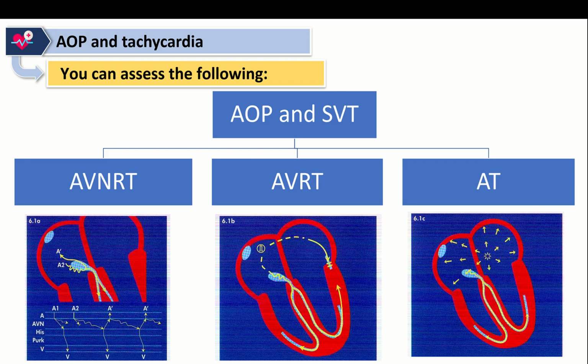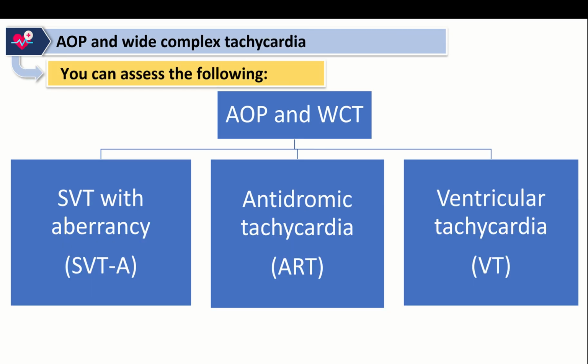In narrow complex tachycardia, how beneficial is the atrial overdrive pacing to differentiate AVNRT, AVRT, atrial tachycardia, not only supraventricular tachycardia. Also, it will help us so much to differentiate all types in the hard dilemma, challenging scenarios in wide complex tachycardia. Is it VT, antidromic tachycardia, accessory pathway, or just SVT with aberrancy?